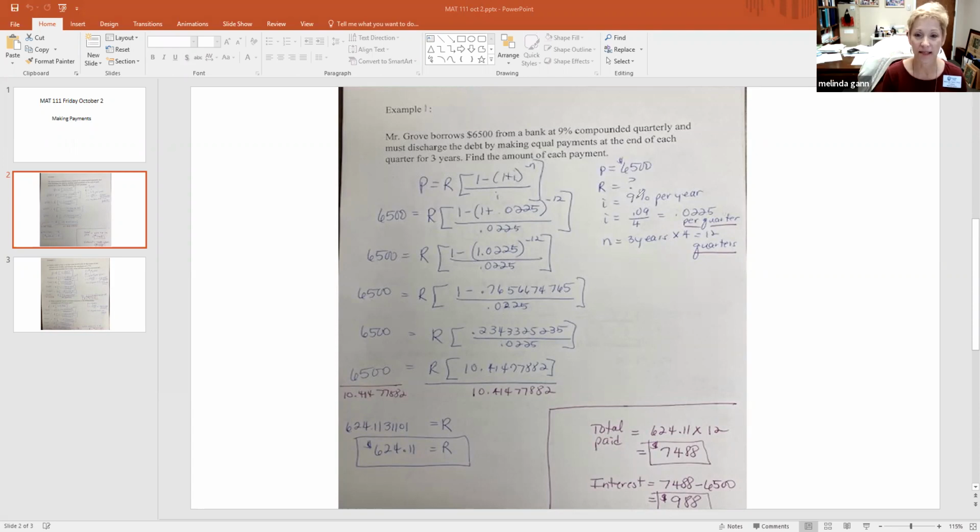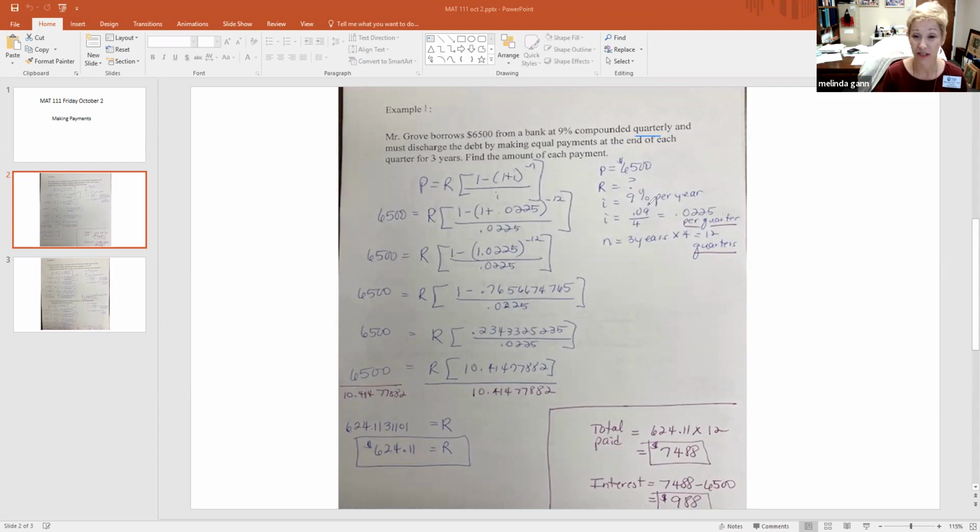Now your interest rate is 9% per year, and your time is 3 years. Now those match, but remember when we're doing payments, it's got to be matching and be the word that follows compounded. So it says compounded quarterly. So that means everything's got to be in terms of quarters. So I changed that 9% to a decimal, 0.09.